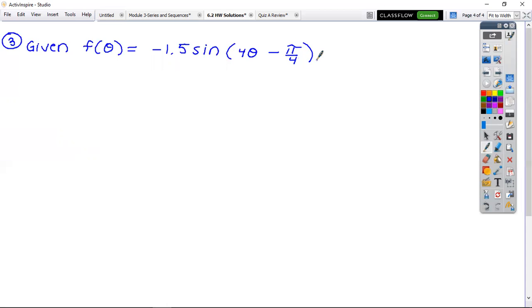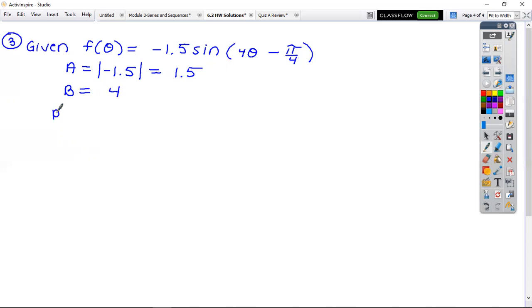So first, amplitude. The amplitude is equal here to the absolute value of negative 1.5. You can't have a negative height. That is what amplitude stands for. So 1.5. What about frequency this time? Good.